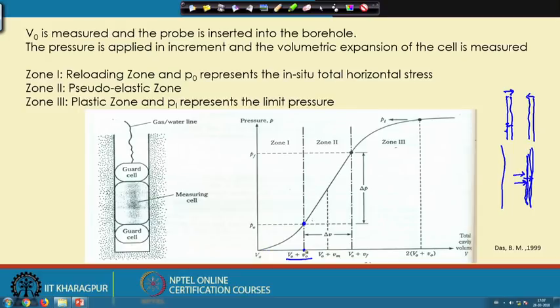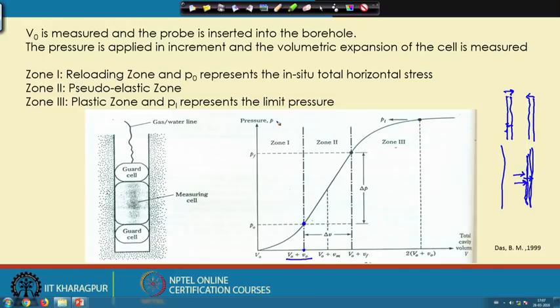So, the total volume of the cavity in its original condition was capital V0 plus small v0. Now, we can go up to failure at 2 times the original volume of the cavity, that is, capital V0 plus small v0 doubled. Then we can get the PL corresponding to this curve.